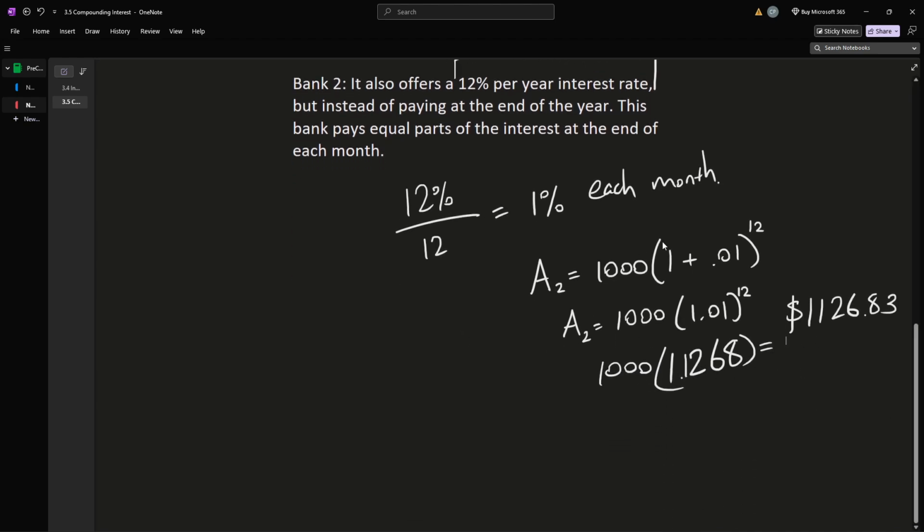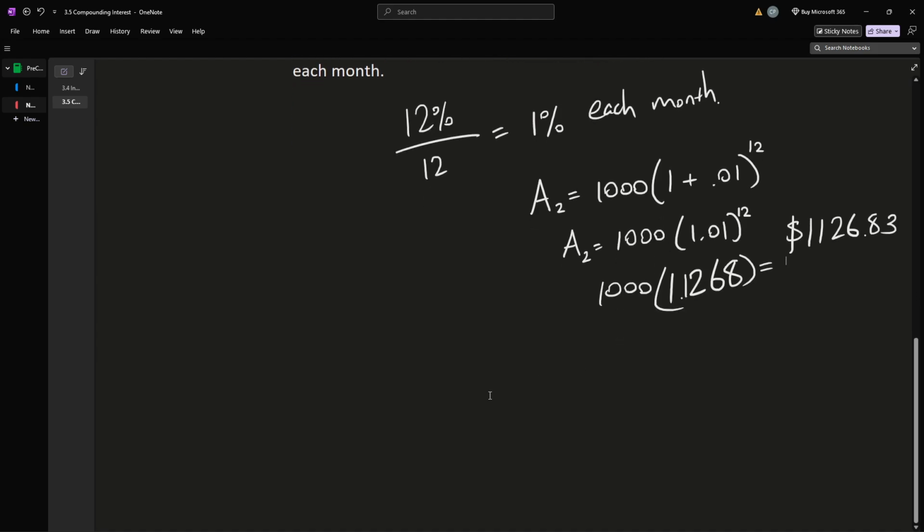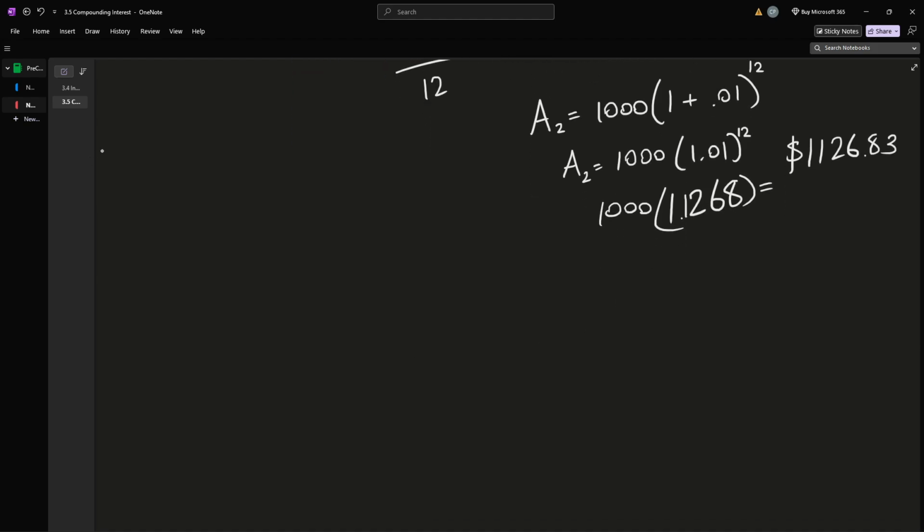So this formula that we did here, splitting into 1% each month, saying that's 12 because it happens 12 times in 1 year, I want to generalize into a better formula. So we take what we had over here and we see my function A of t, my result, how much money I have as a function of time.